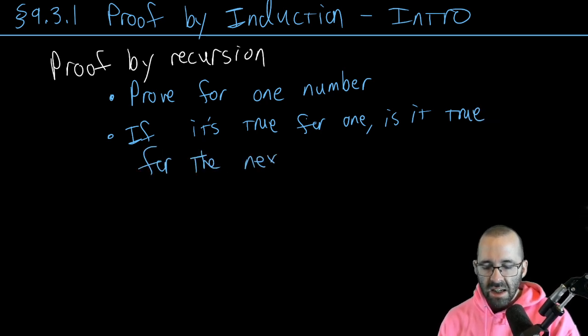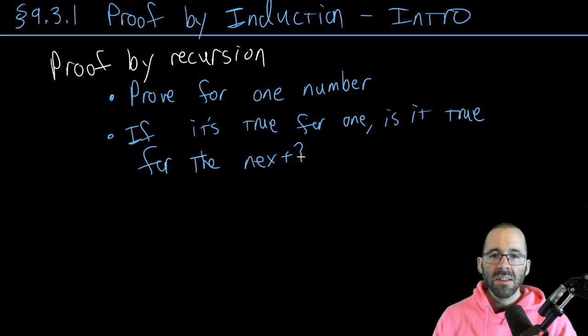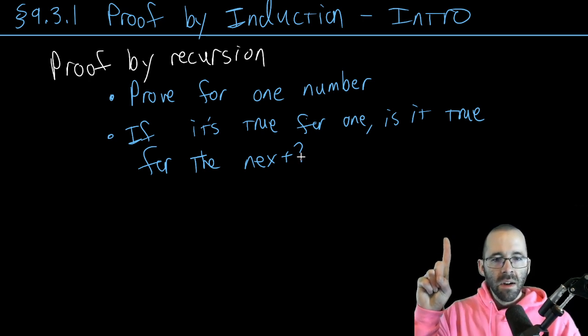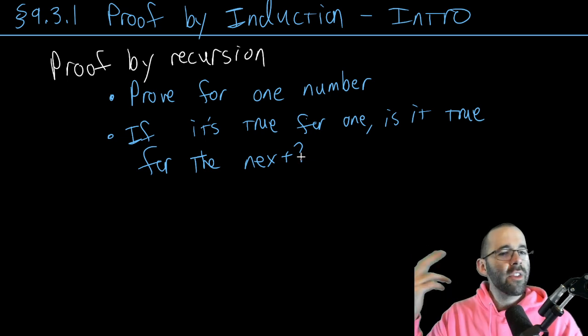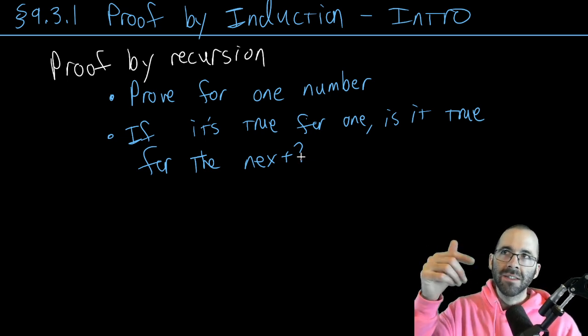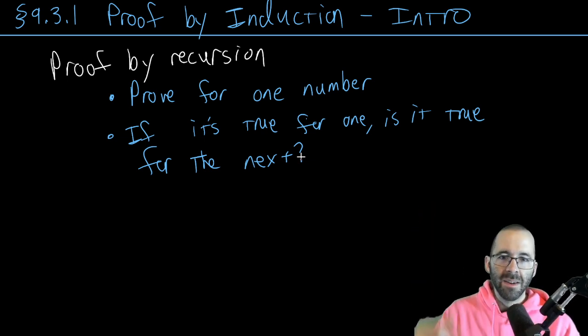And now you can see, right? If we have these two things, then we can say some really powerful things. If it's true for one number, and if we know it's always true for the next number, well then it's true for the next number, and then the next number, and then the next number, and then the next number.